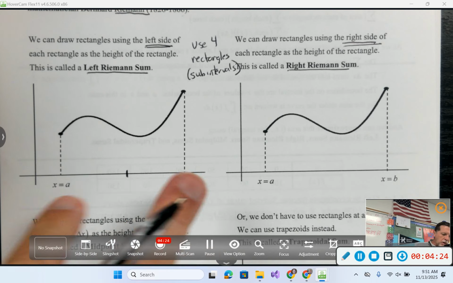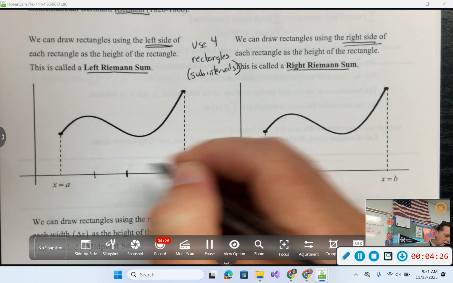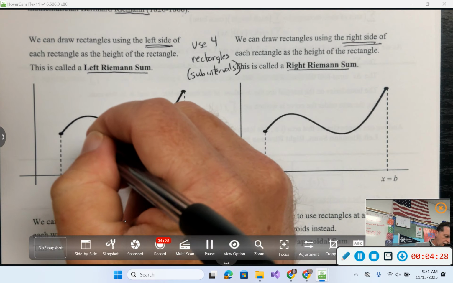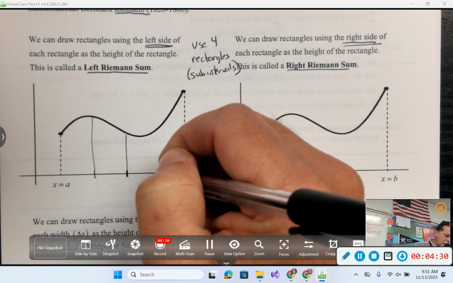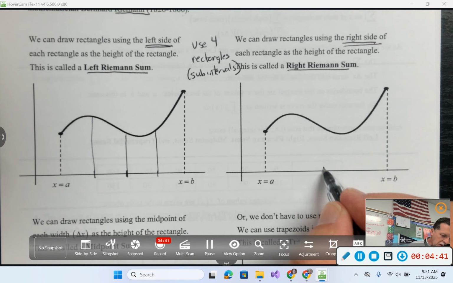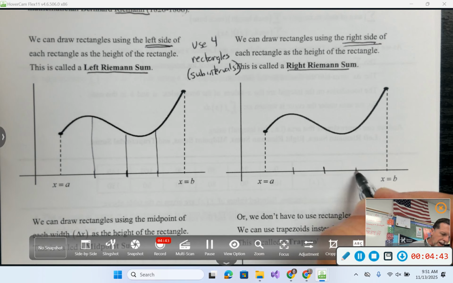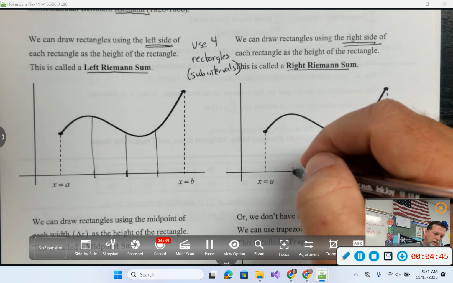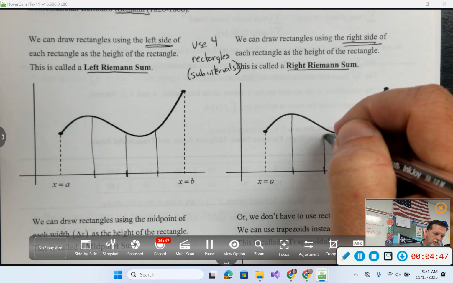So whatever the midpoint is between A and B, and then cut that in half. And that gets us not 4 equal areas, but 4 equal bases. 4 equal bases. And let's do the same thing for the right-hand rectangles. So right now those pictures should look pretty much the same.